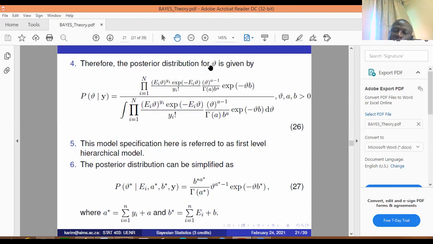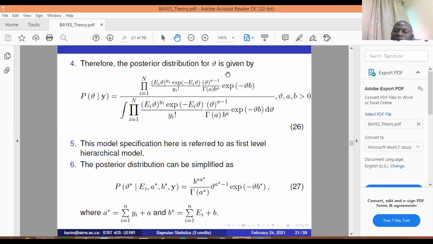The theta is supposed to be theta i, but I didn't indicate that. Multiply that by the prior distribution, which is this one here. So what we have here, we divide by the integral of all of that, and this goes to 1.